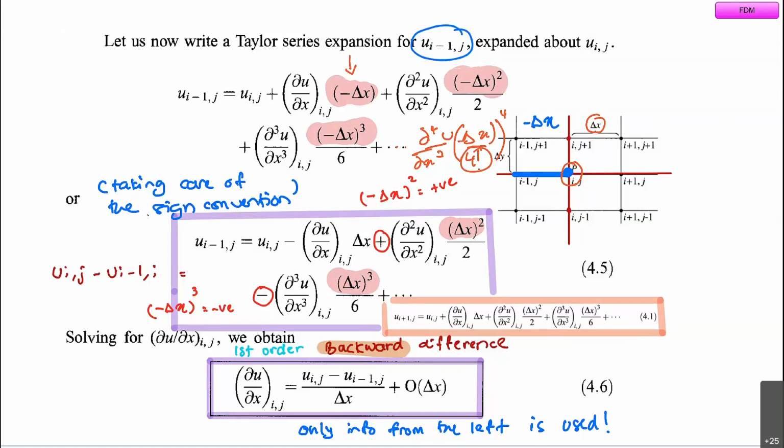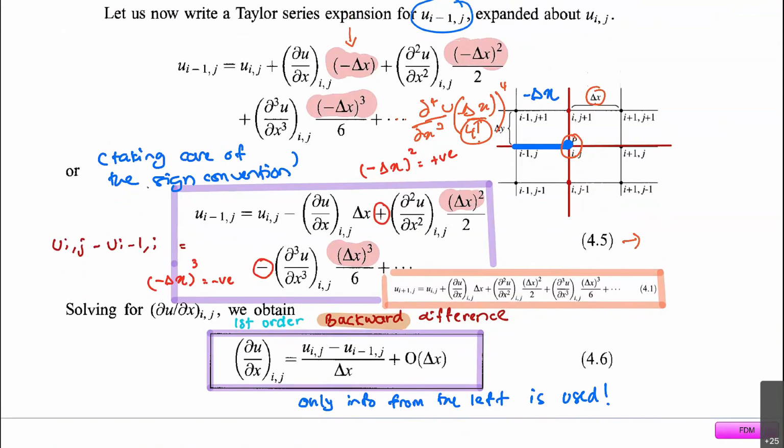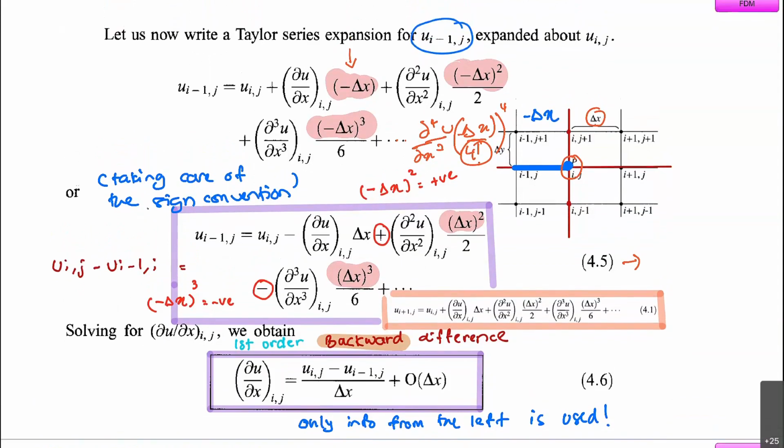When you expand it, in the John Anderson textbook, if you look at equation 4.5, remember to take care of the sign convention, because we have negative delta x. If you look over here, on the first order term, because that's negative, you're going to have a negative up front here because you move the negative sign from the right side to the left.